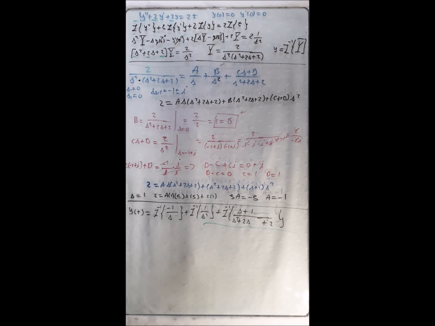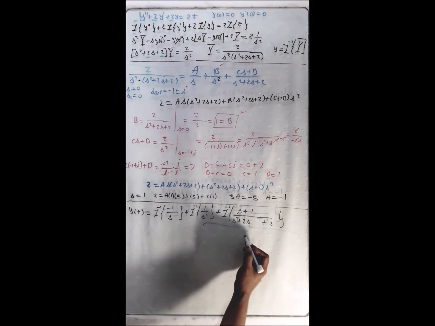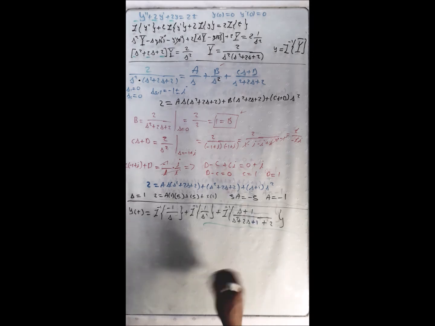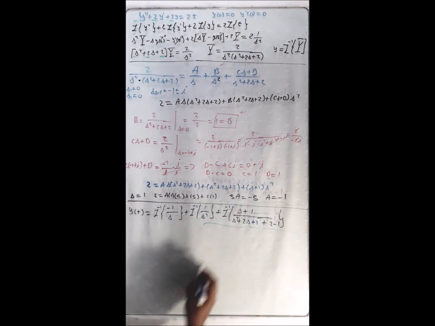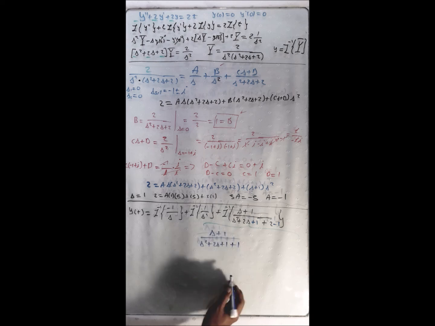I hope I have enough space. So what you have to do is take this divided by 2 and then square. 2 divided by 2 is going to be 1 squared, then you have to add plus 1, and you have to compensate this with minus 1. So what you have is s plus 1 over s squared plus 2s plus 1 plus 1 here.